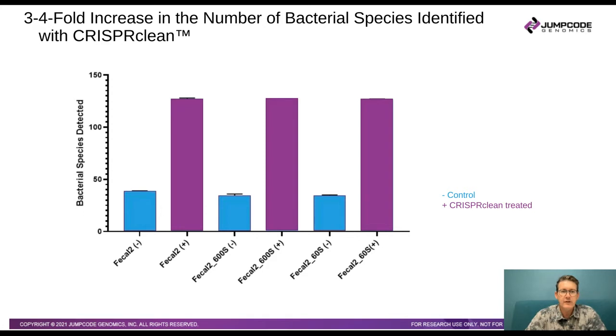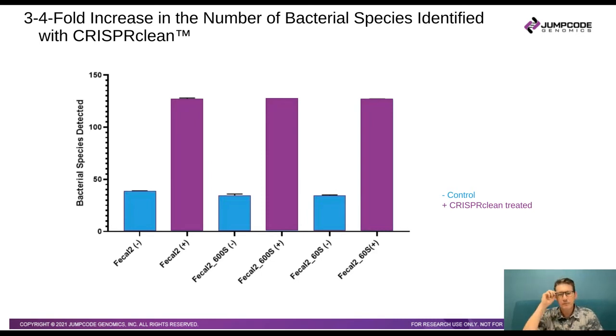And you can see here that when we take a fecal sample that's been non-depleted and sequence that fecal sample, at least in these three samples, and then look at the bacterial species detected, shown here on the y-axis, you can see that we're detecting somewhere around 30 to 40 species of bacteria in these samples.